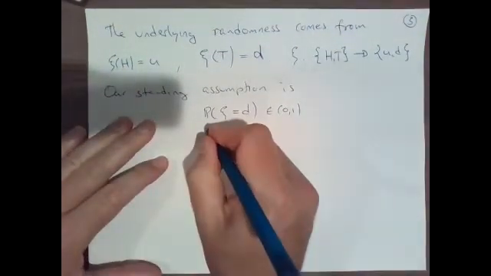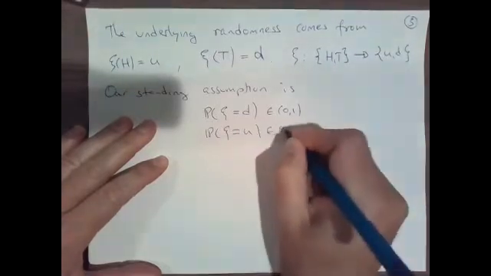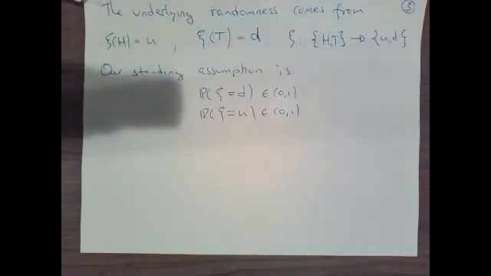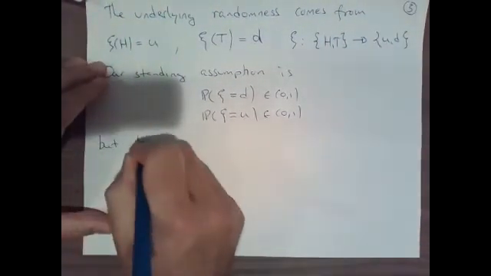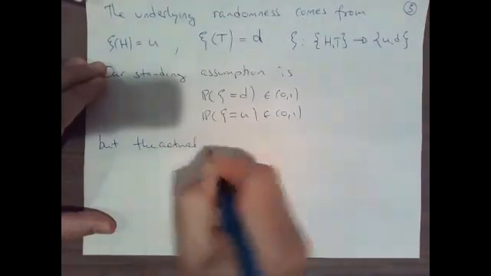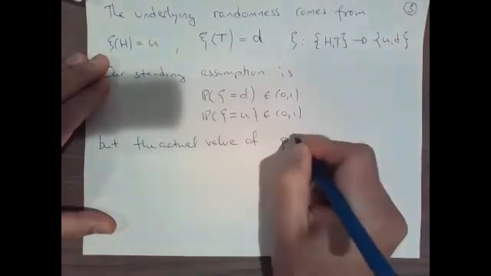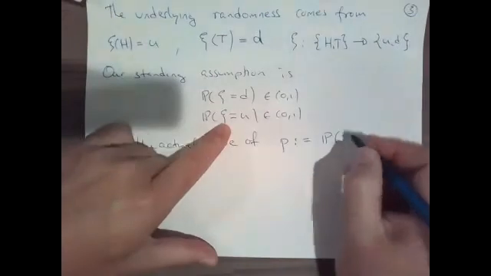And consequently, the probability that you get U is also a number strictly between 0 and 1. We could call it P, the probability of up.